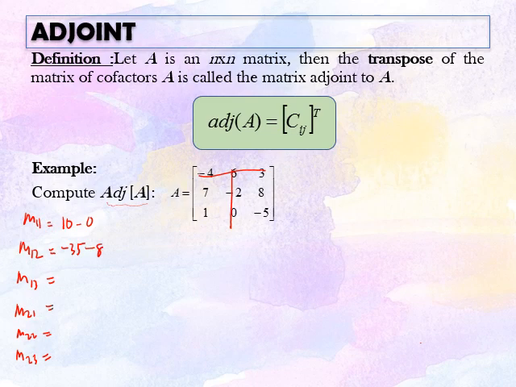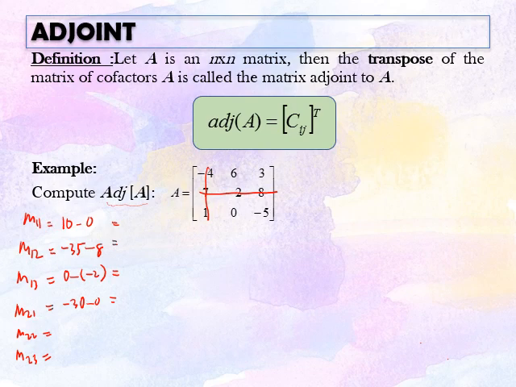And then M13 will be 0 minus negative 2. So let us find the answer together. So next M21 will be negative 30 minus 0.